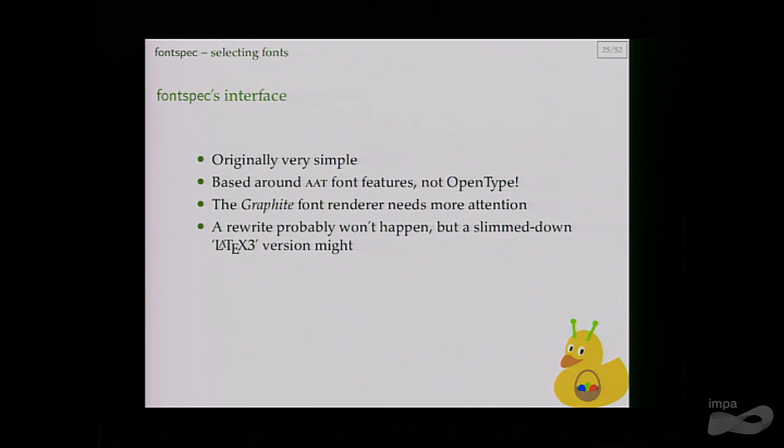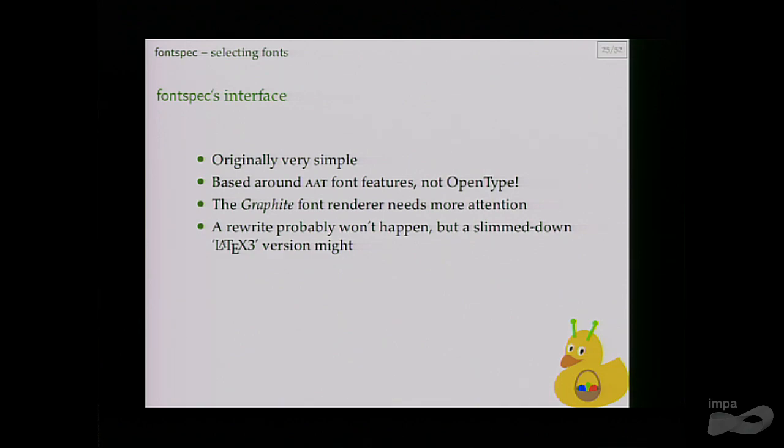Originally, because XeTeX was developed on what was then Mac OS X, which did not have OpenType support, it used its own font technology known as AAT, and this is actually a very different model from the OpenType font model. So fontspec's original interface was designed around the fact that you would load font features by key-val and so on. Now, that is basically gone. I think that there is residual AAT technology in macOS, but I would be surprised if it's there for much longer.